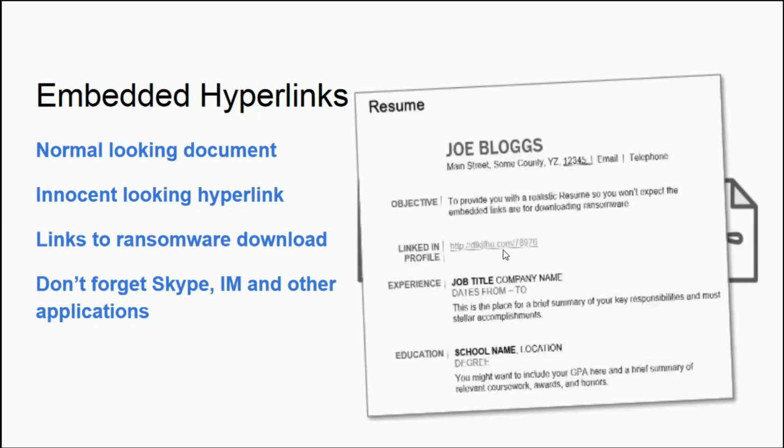Once you click on it, your computer calls out to the downloader and installs ransomware into your PC. It is not just office documents that are targeted with this type of attack. It's also Skype, instant messaging applications, and other types of applications that can send hyperlinks and be exploited.